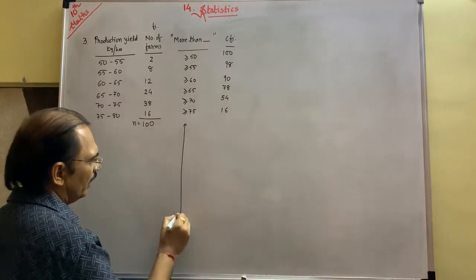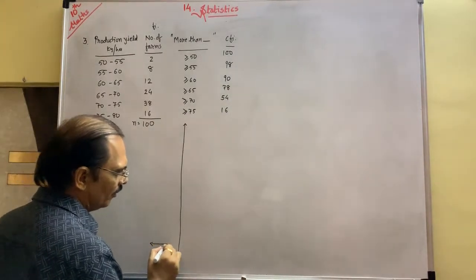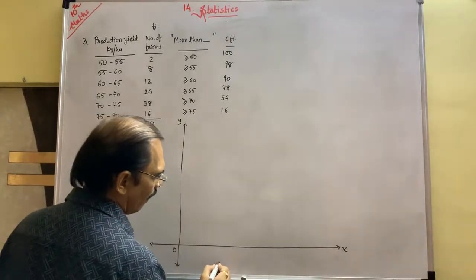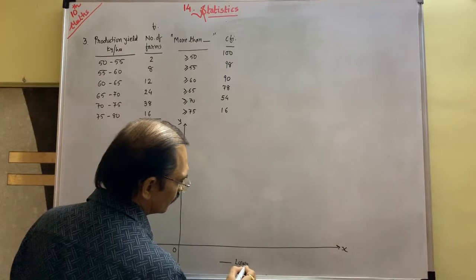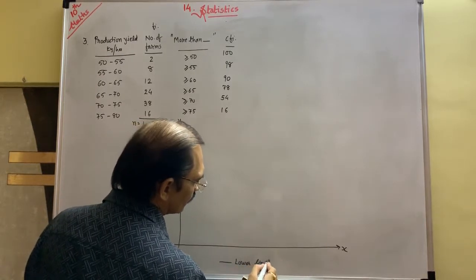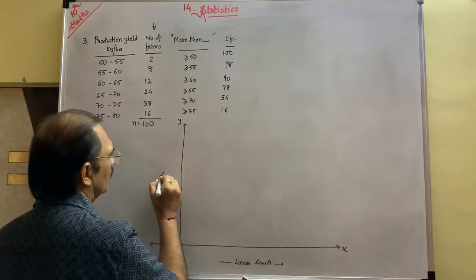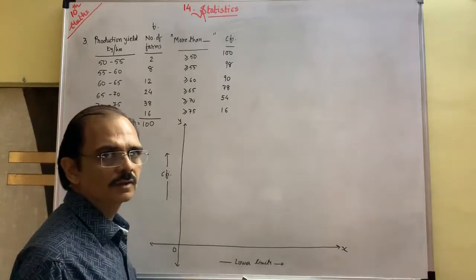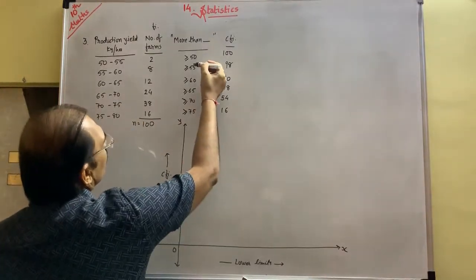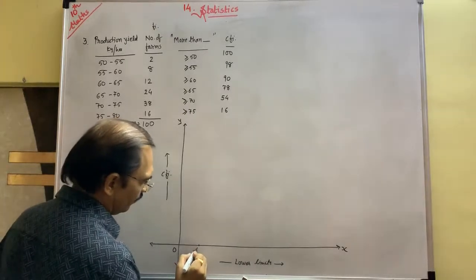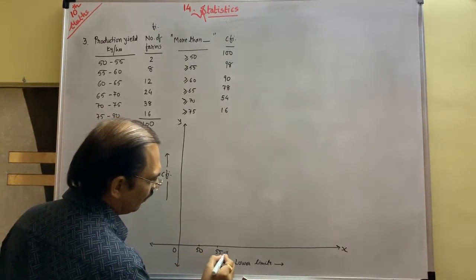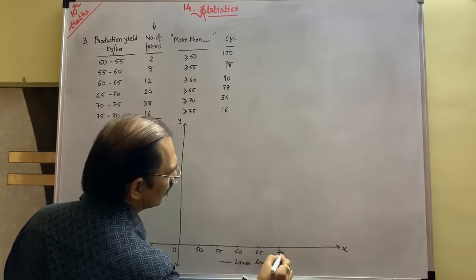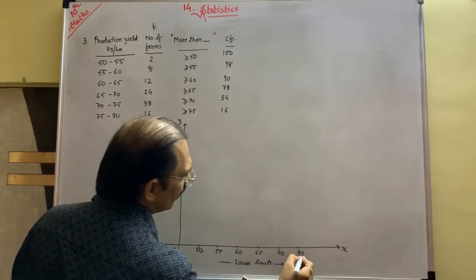To draw more than type ogive or cumulative frequency curve, you need lower limits on x-axis, CFI on y-axis. Lower limit is 50, 55, so I write here 50, 55, 60, 65, 70, 75.